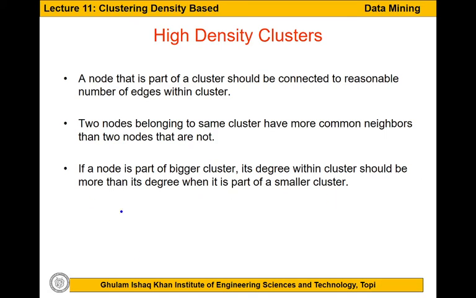It means of course in the bigger cluster there is a probability that the node will have a higher degree as compared to a node in a smaller cluster, because there is a good chance that it will be connected to more people, right.